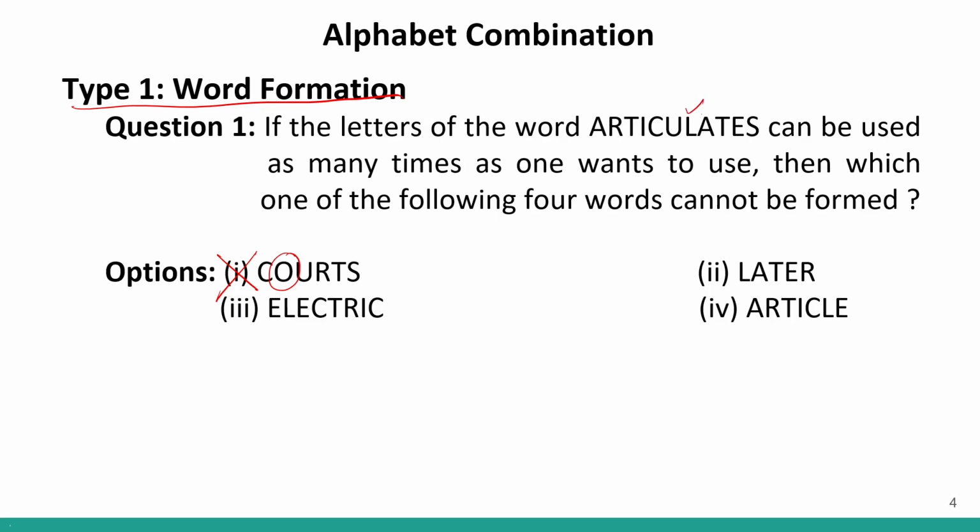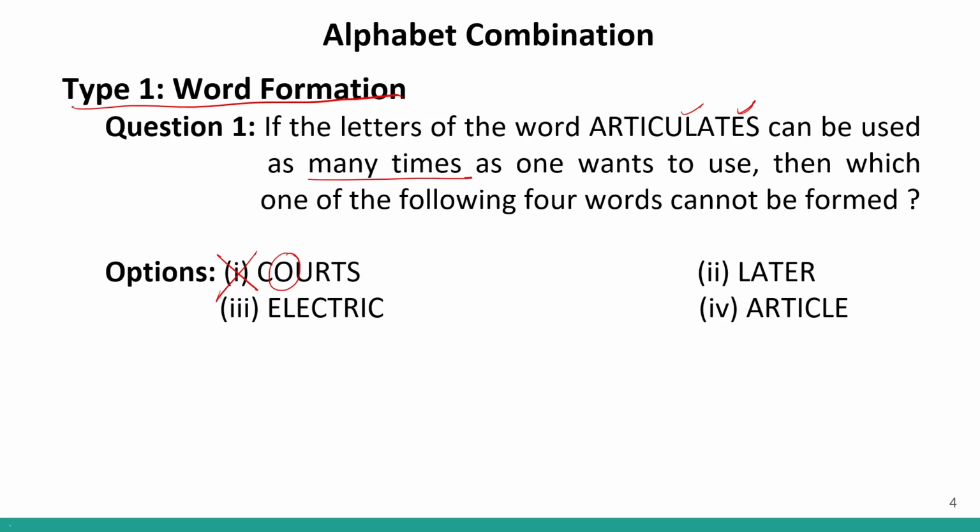LATER, so we can form LATER. Then ARTICLE, all the alphabets are there, so this word can also be formed. Then we have ELECTRIC. E, L, then E again, since there is no restriction that we can use a letter only once, we can use a letter many times.